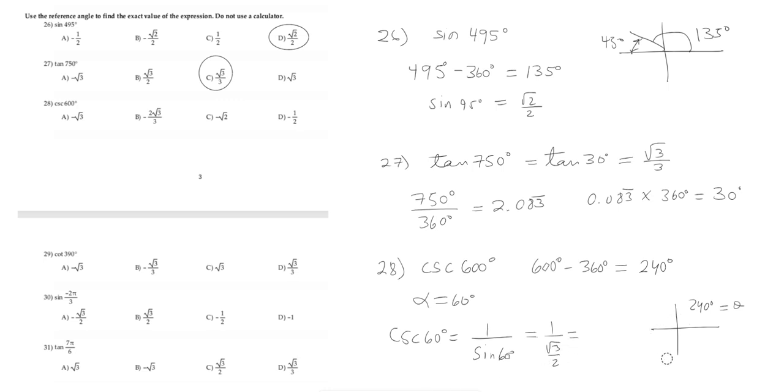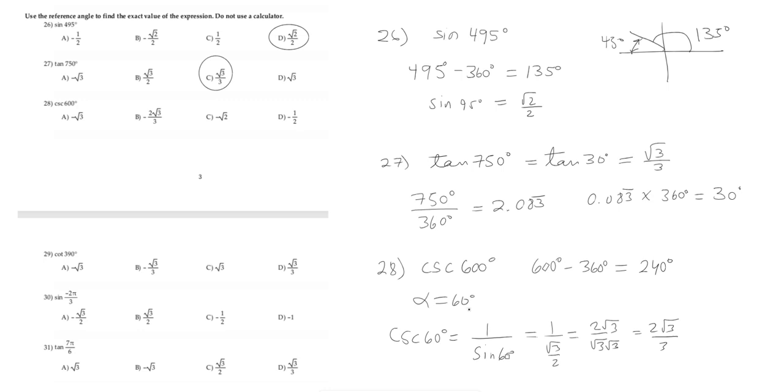Okay, now let me write that part. Reciprocal. The reciprocal is 2 over root 3. Rationalization gives 2 root 3 over 3. But I need to understand the sign. Is the sign positive or negative? Well, look at the original angle, not the reference.